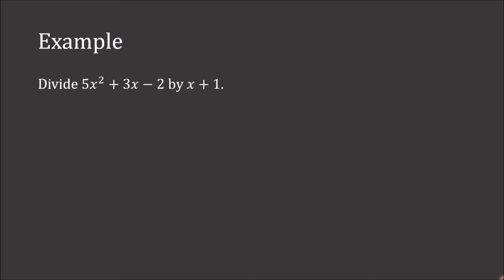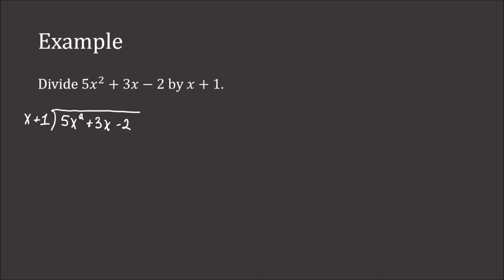So first, we will divide 5x squared plus 3x minus 2 by x plus 1. So to set up the division problem, we put the divisor on the outside. We'll put the dividend inside, so 5x squared plus 3x minus 2.